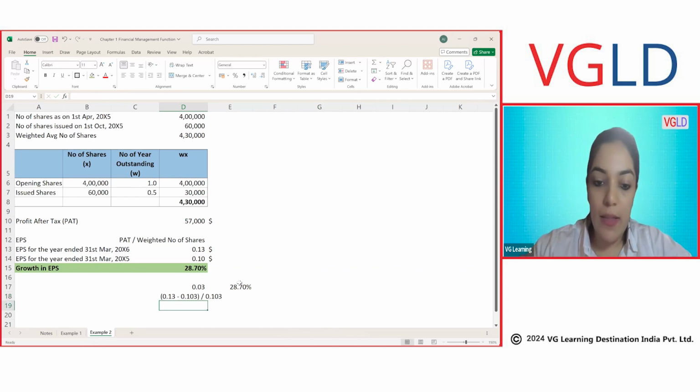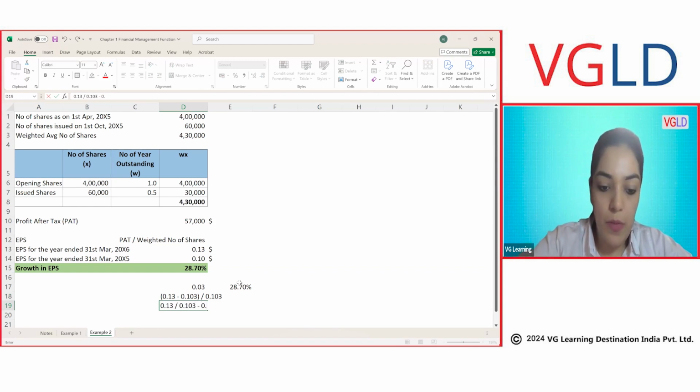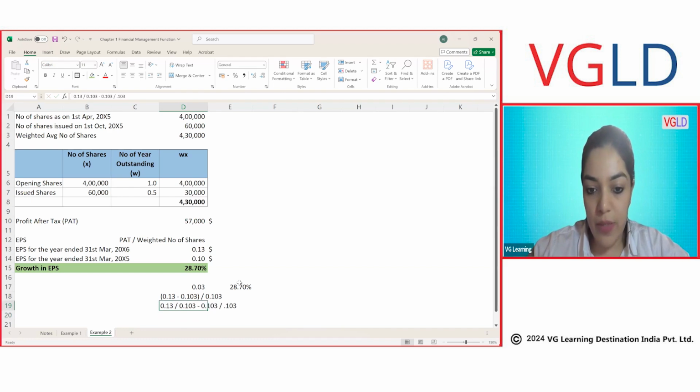Yes. Can I then write it like this also? 0.13 by 0.103 minus 0.103 by 0.103. Can I break it down like this?